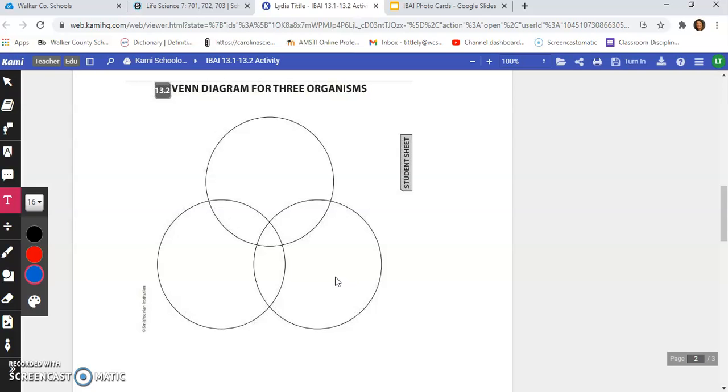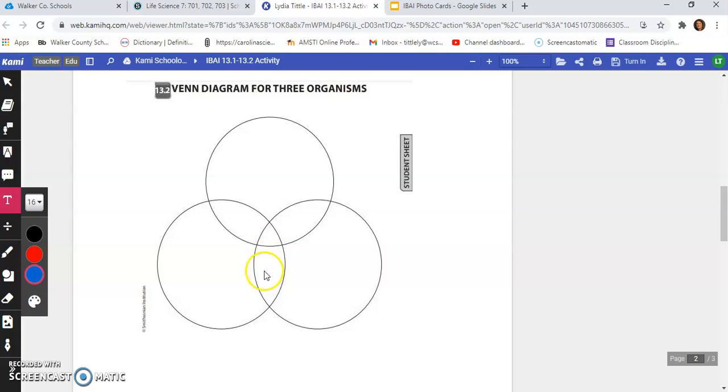Now you've got to take a really close look at your circles. In this little part of the circle, you're going to be comparing this organism and this organism. So where they overlap together, you're going to compare one thing that's similar about those 2 organisms. Same thing right here. In this area, you're going to compare this organism to this organism.